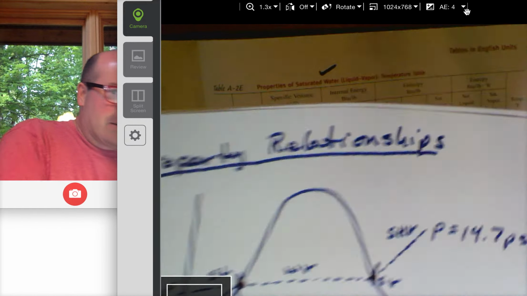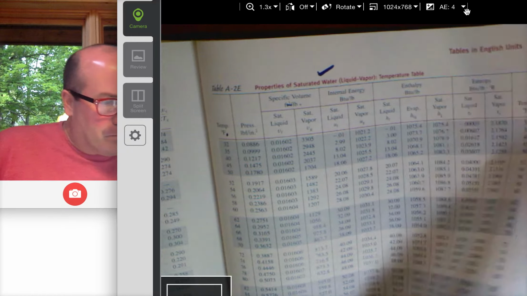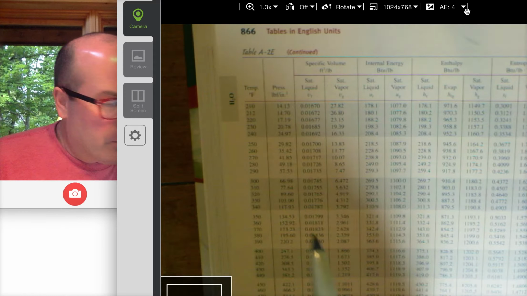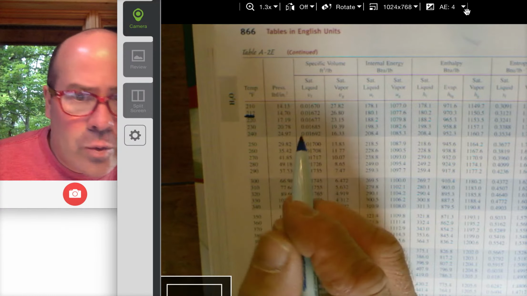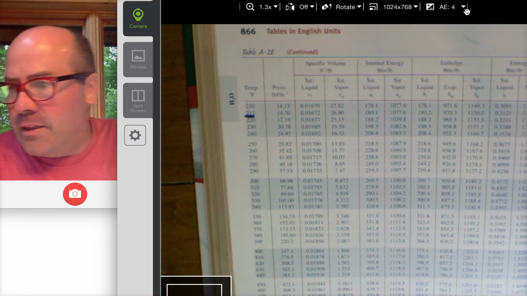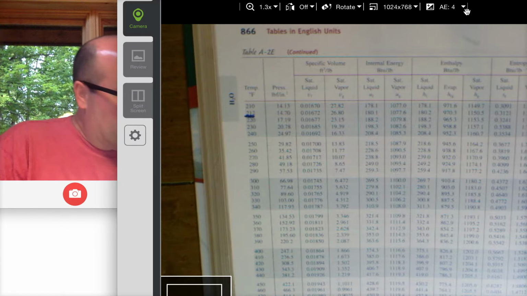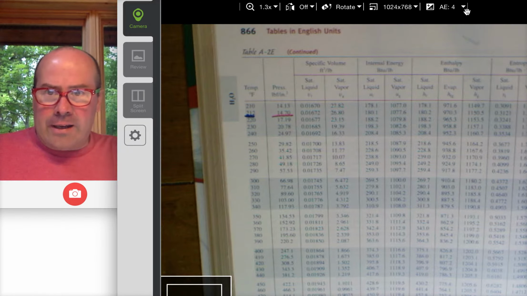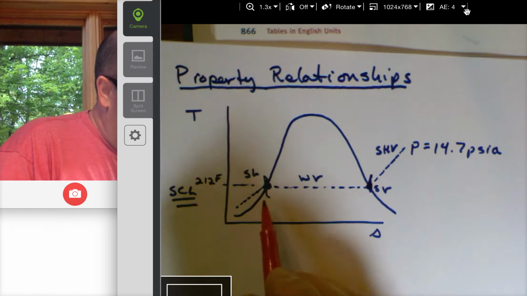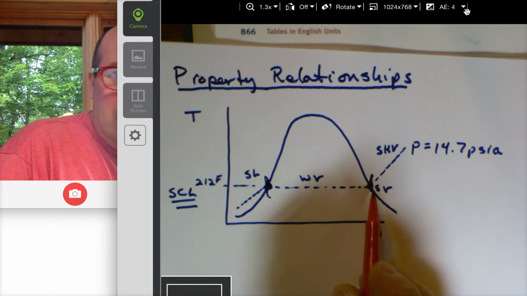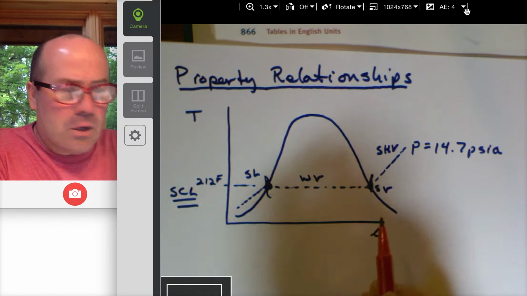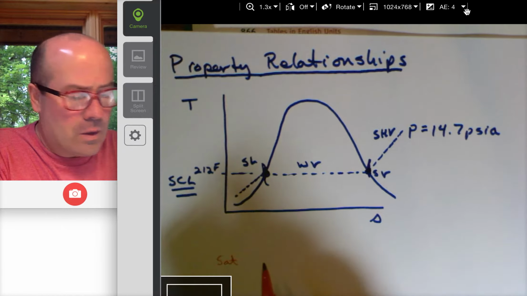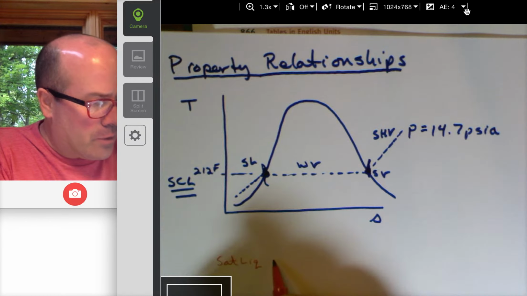So I look at the next page, page 866, and I see when the temperature is 212, that the pressure is 14.7. So now I can find things across this list. So for the saturated liquid, we use a subscript of f.